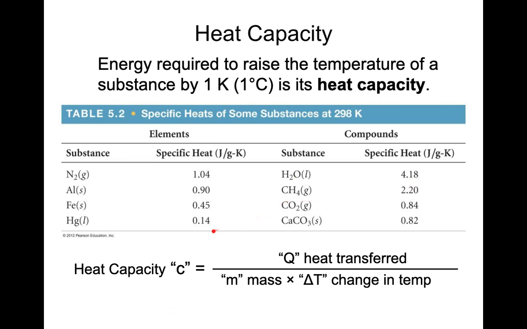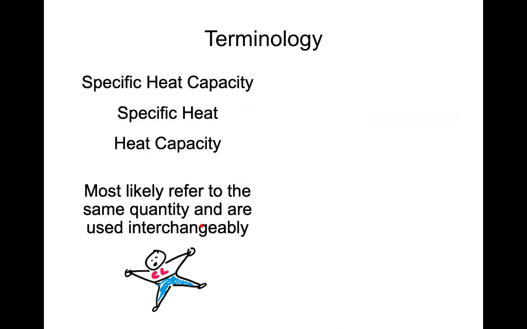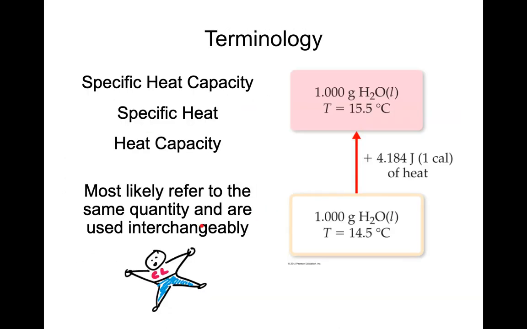And notice that mercury is the lowest. You're going to see these different terms here: specific heat capacity, specific heat, and heat capacity. They probably refer to the same idea. In other words, there are some technical differences between how I express that, but for the purposes of this class, in most textbooks and videos, they use these terms interchangeably.